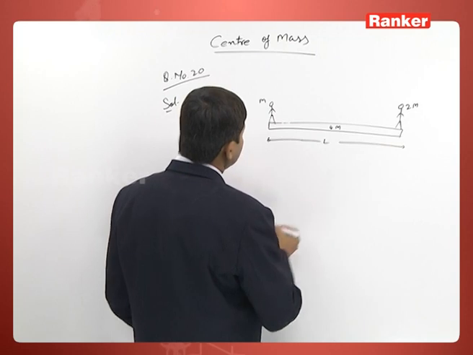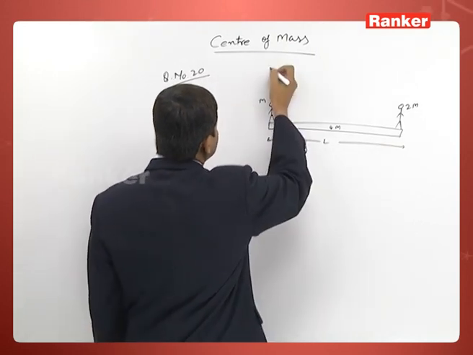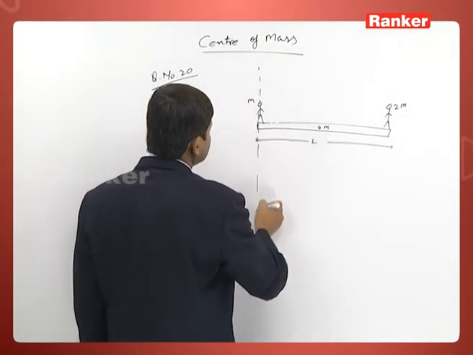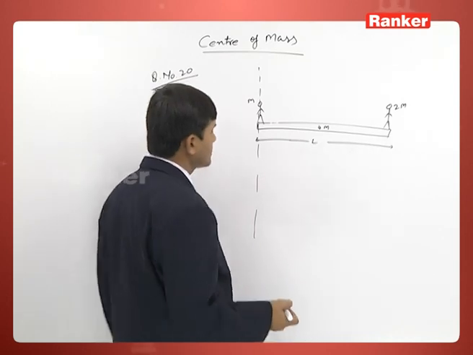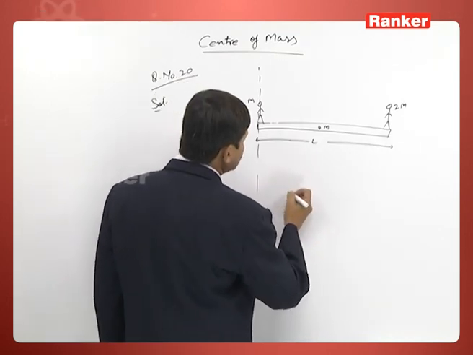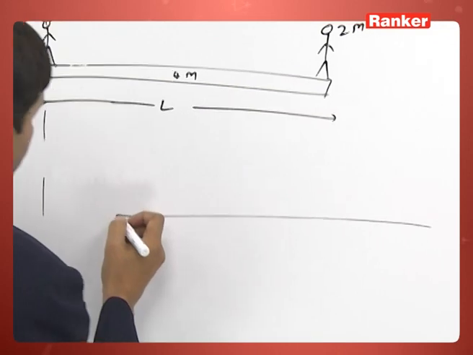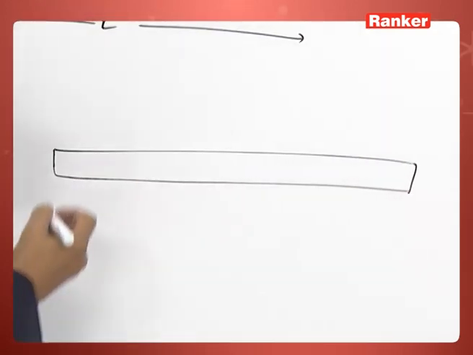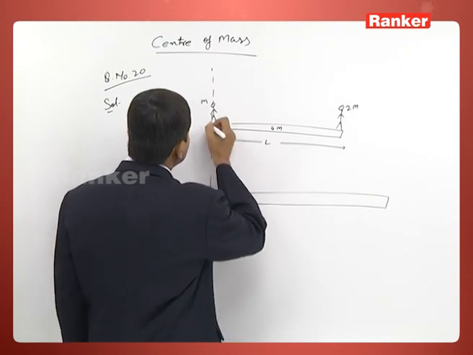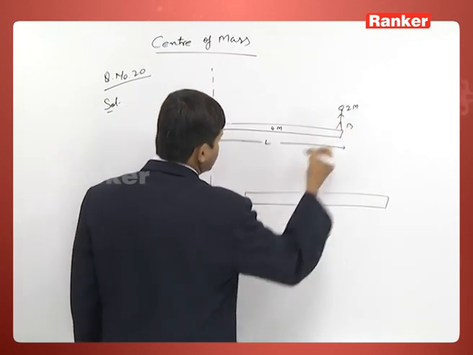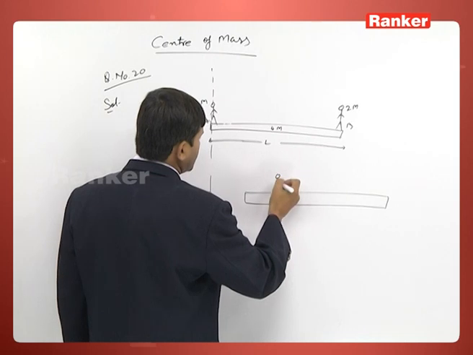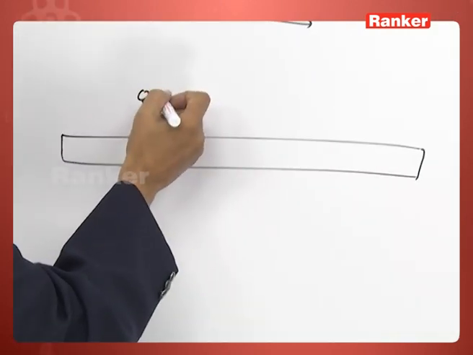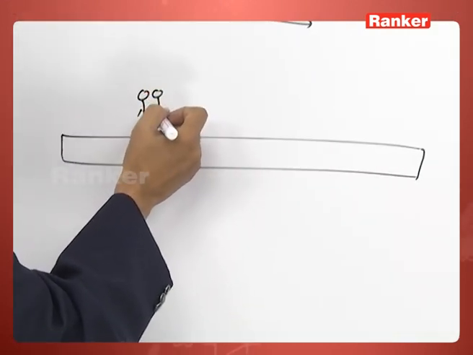Let, for example, this is the initial position here. So, when both of them are meeting, this is your man A and man B. The man A and man B both are here.